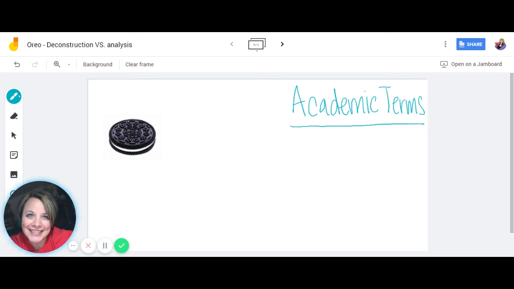Okay, guys, today we are going to talk about two academic terms called deconstruction and analysis. And we call these academic terms because they are tasks that students are asked to complete to do one of two things: to either show what they know or to learn a new skill.